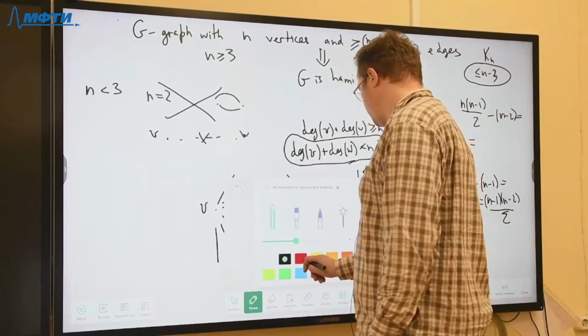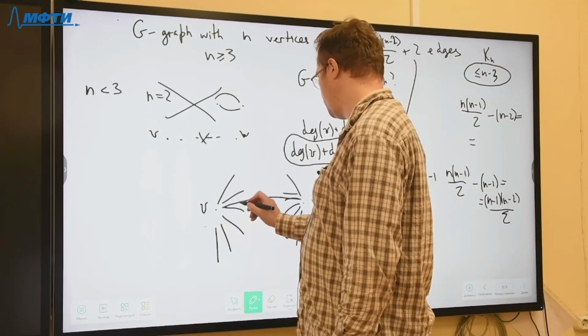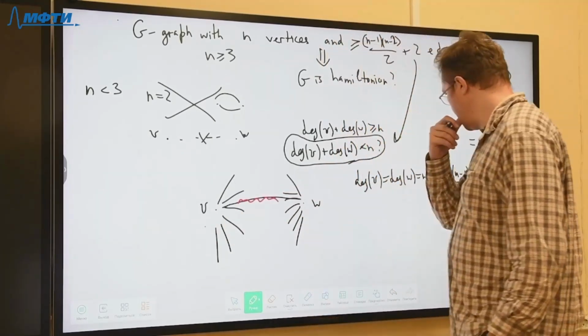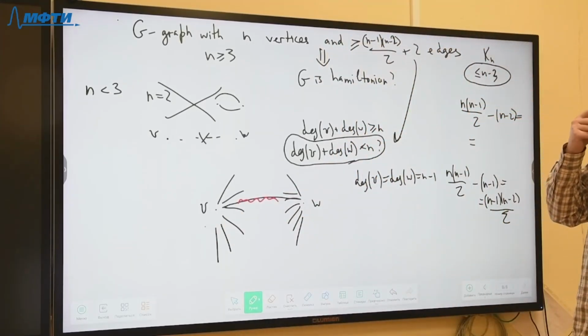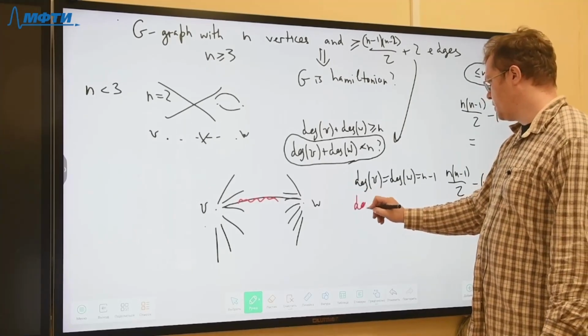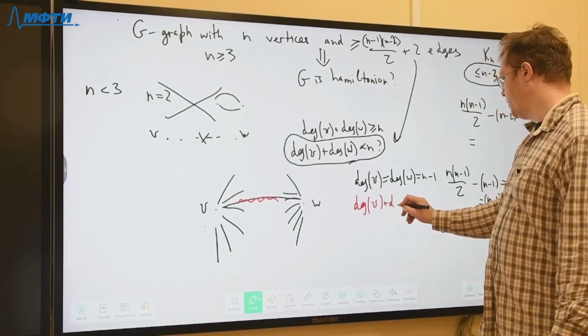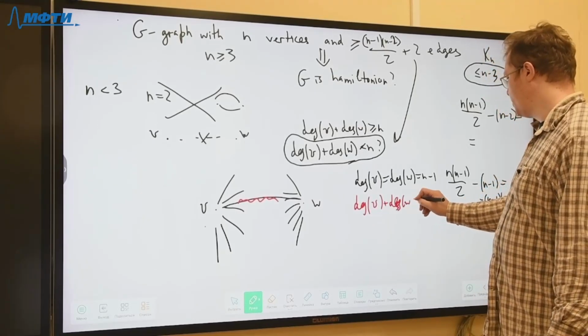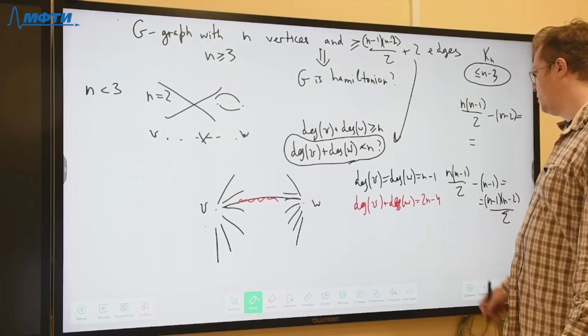So if we delete the edge which connected them, then the degrees will be n minus 2, so the sum of the degrees will be 2n minus 4.